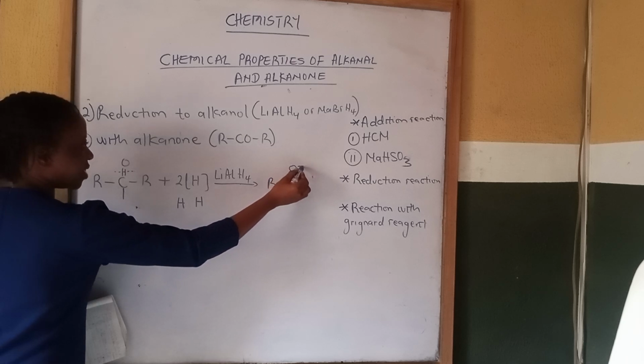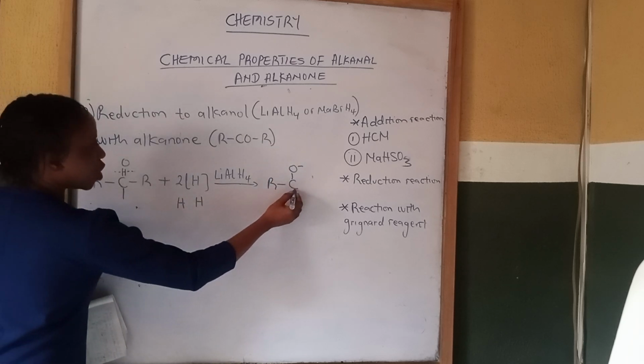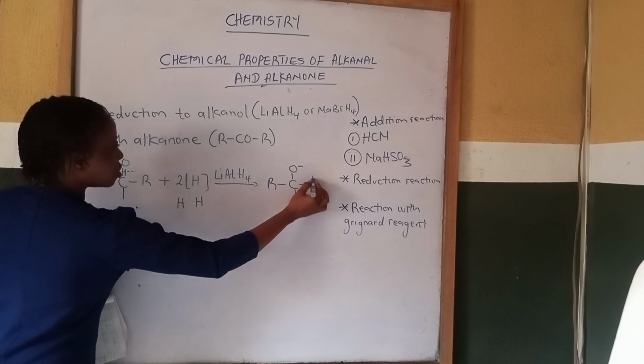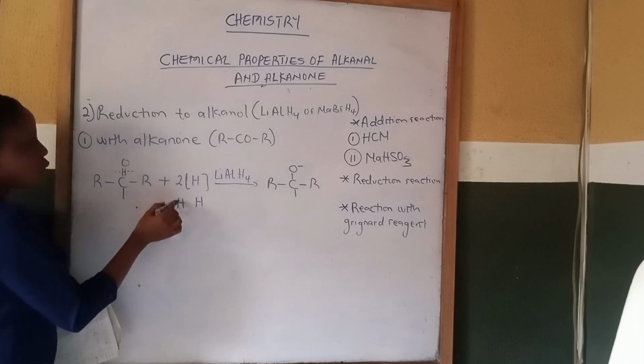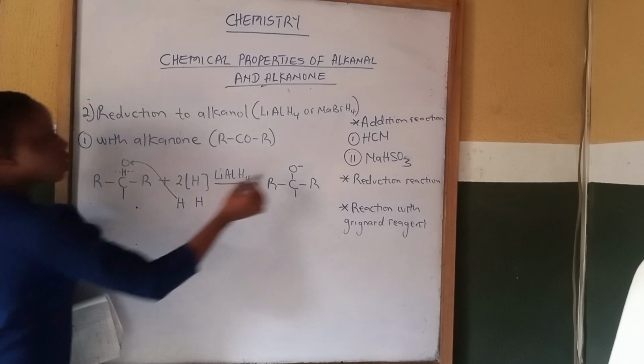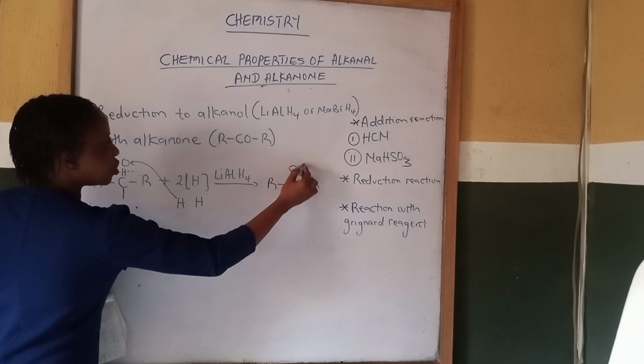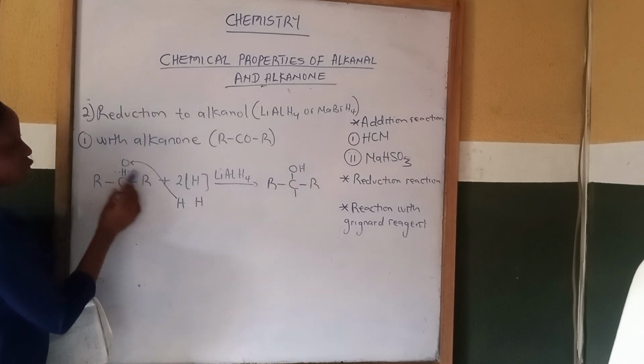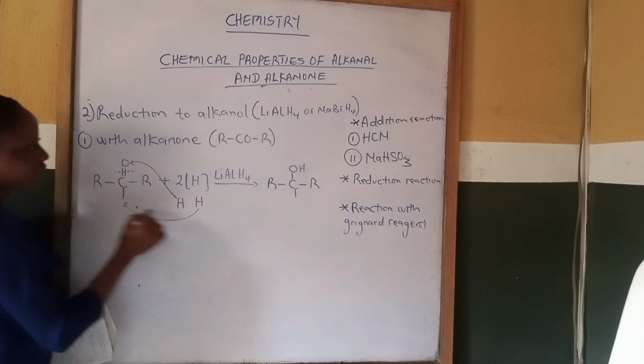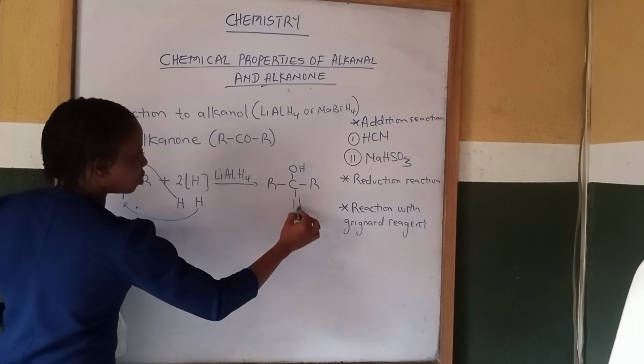So oxygen is negative now. Then the bond down, followed by the alkyl group. So one of the hydrogens will combine with oxygen to give us hydroxyl. Then the second hydrogen will attach to this adjacent carbon atom.